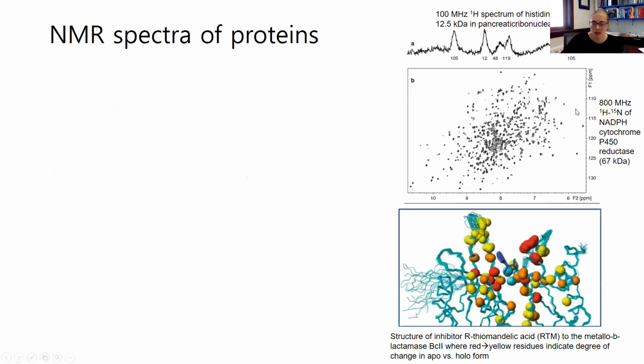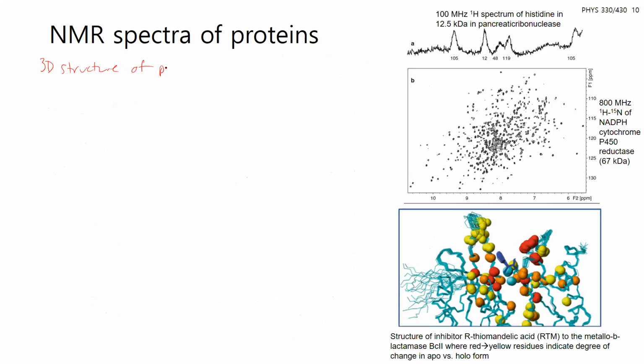Getting into proteins, I have some figures over here of different scales, different proteins, and NMR to understand the 3D structure of proteins, getting into some of the history. If you go in the Protein Data Bank, many of the deposits are determined by NMR.